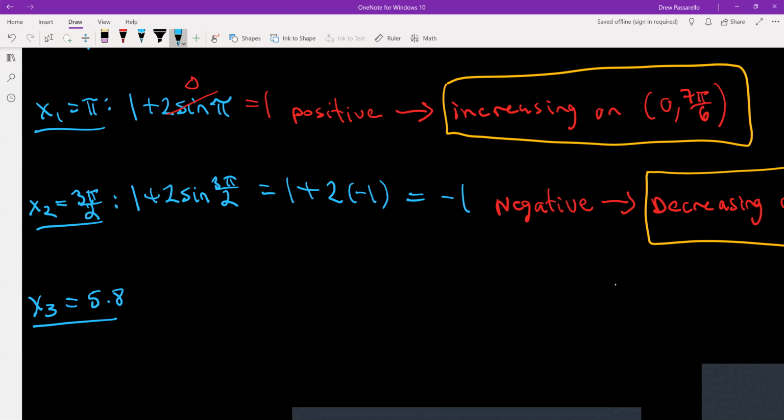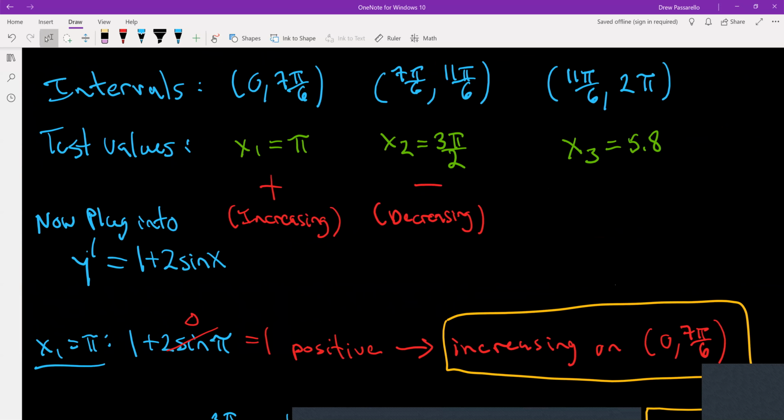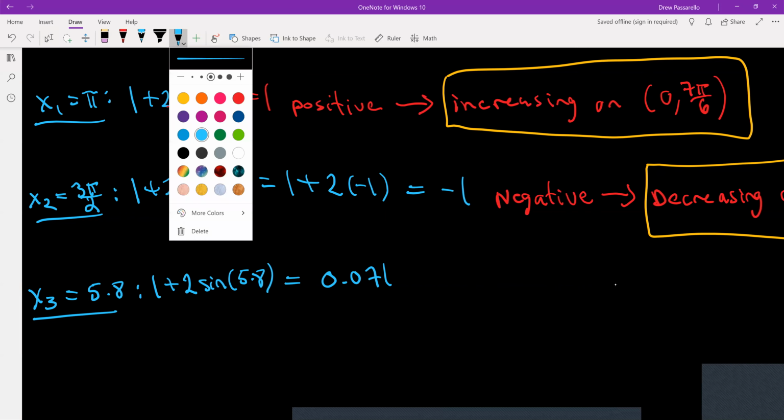So I did 5.8, and that was the third value. Plugging that in the derivative, that's 1 plus 2 sine of 5.8. Make sure your calculator is in radians when you plug that in. Now you'll get this to be approximately 0.071. But the point is that that's a positive number.